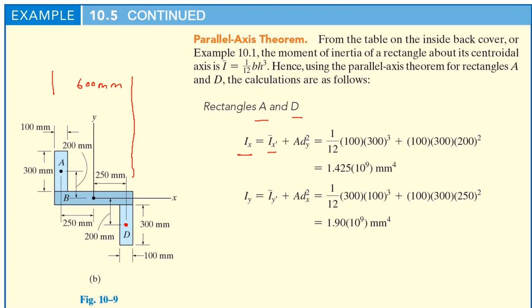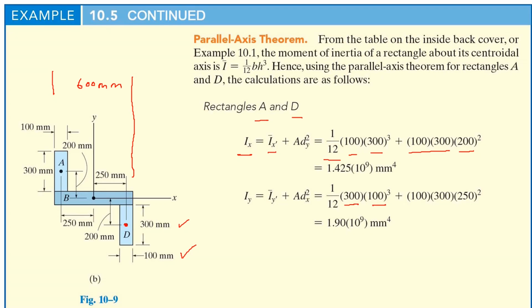Is moment of inertia about the center of mass 1/12 times the width times the height cubed. And we can see that instantly right there. Plus the area, 100 times 300, that's the area of D or A, times the distance from the center of mass squared. Boom, we got it. Now, 1/12, in this case, the width is 300 and the height is 100.